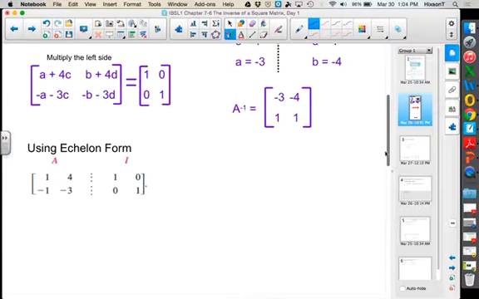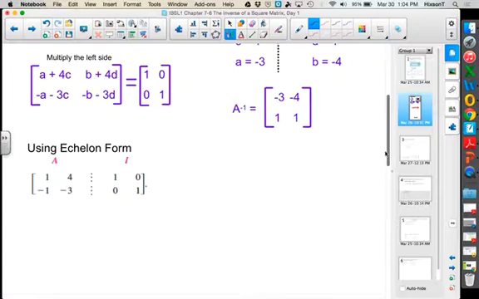Okay? Down in the second row, we have a -1A and a -3C. We have a -B and a -3D. So again, we have the same coefficients with different variables. And what we're doing here is we actually took those coefficients, 1 and 4 and -1 and -3, which happen to be the original elements of the matrix A. And we're going to put this in here with our identity matrix.